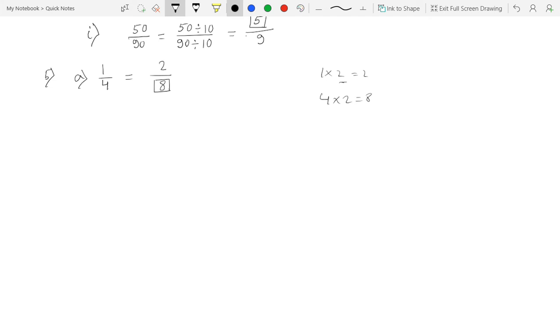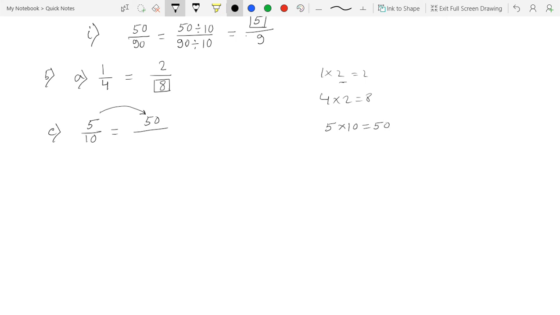Clear? Now go to the next one, question number C. Question number C is given: 5 by 10, and here is given 50 and a blank space. Now look, 50 is greater than 5. That means after multiplying something with 5 you will get 50. Clear? Now you have to find out which number multiplied with 5 gives 50. Now look, you know that 5 into 10 is equal to 50.